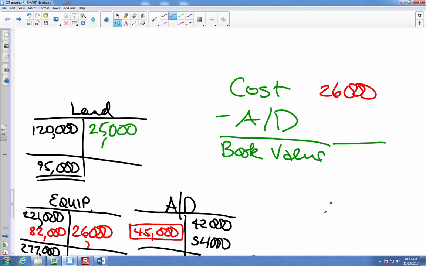Did they give us the book value? What do they say the book value is? No, that says equipment costing 26 with a book value of 6 was sold, was sold for what?